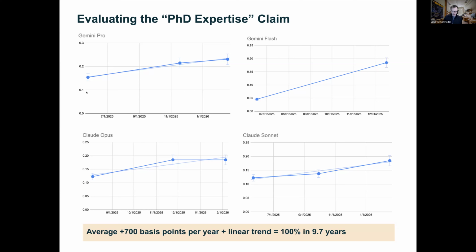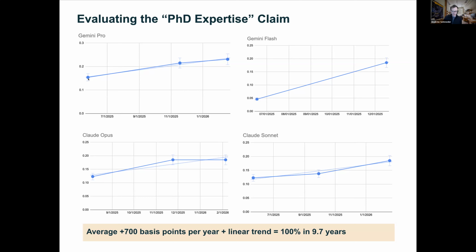However, they are getting better pretty consistently. So here I looked at the rate of improvement of different model families, and this only covers around the last 6 to 9 months.